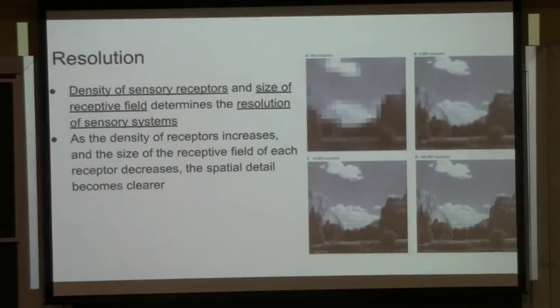So if you have higher density of receptors, you get higher resolution. And if you have smaller receptive field for each of them, you get higher resolution. Remember, Wang talked about touching someone's back versus someone's face. On the face, your neurons have smaller receptive fields, so you have higher resolution or sensitivity of detecting whether 2 points are different. But on someone's back, the receptive field of each neuron is larger, so you have less resolution, or less ability to detect differences between 2 points.